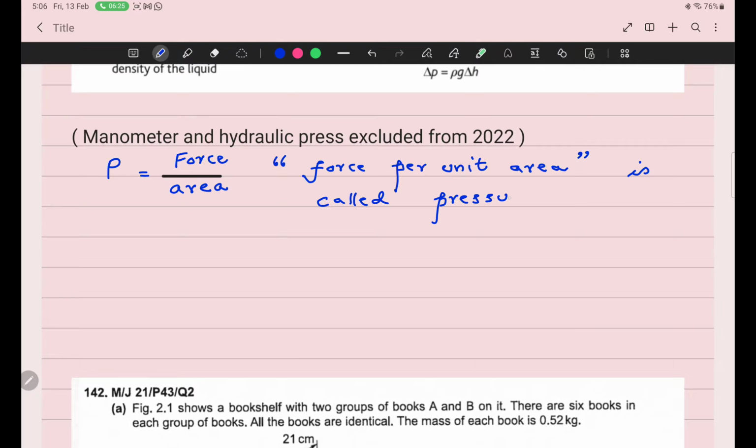Force per unit area is called pressure. So it is the basic definition, number one.